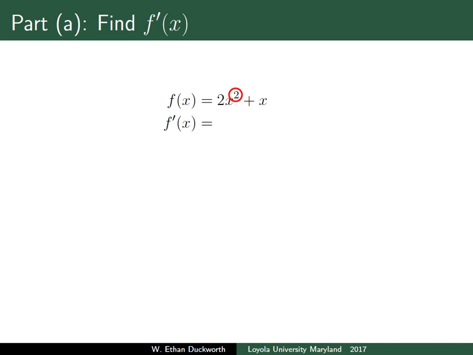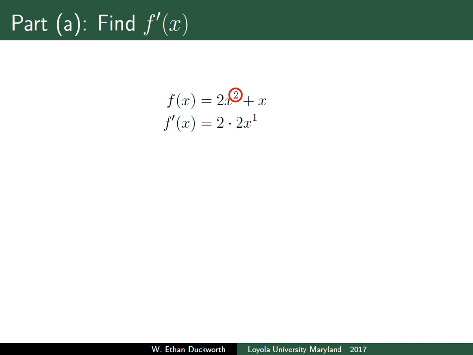And we're going to bring that 2 down in front of the other 2, and we'll multiply the results together. So it'll be 2 times 2x, and then there'll be a new power on top of the x. I've got a question mark there right now. The new power you would get by starting with the original 2 and subtracting 1. So it'll be x to the 1 down below.